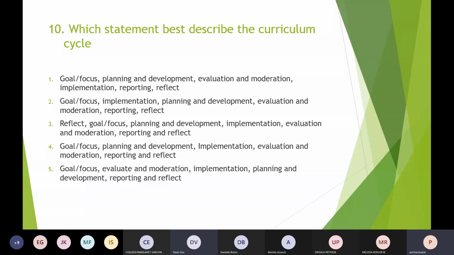All right. So you must know that you use your goals and focus, which you have to base your planning on. Then you will plan and document it. You make use of ongoing observations as well. Then you will evaluate and moderate it, and then you will report on your findings.